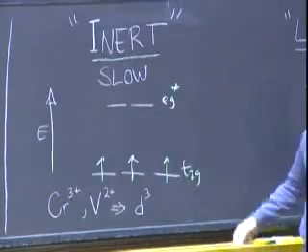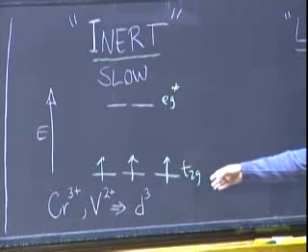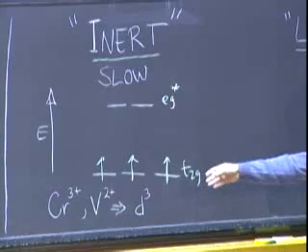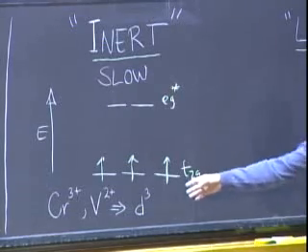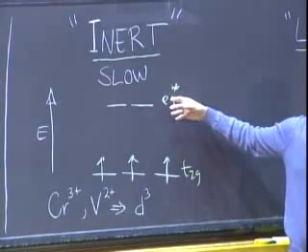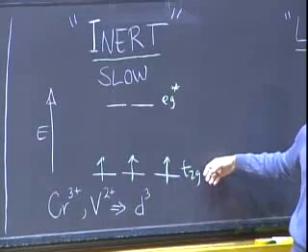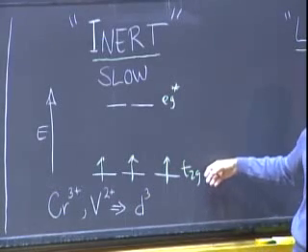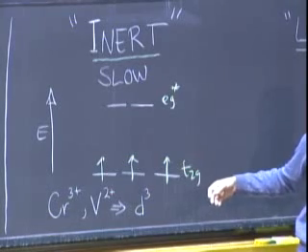Okay? We have an S equals 3/2 ground state, 3 unpaired electrons. The system is paramagnetic. You could certainly calculate the spin-only magnetic moment for such a system. And eg* is not occupied. Okay? So we have 3 electrons here in t2g. t2g is basically non-bonding if the ligand is neither a pi base or a pi acid.